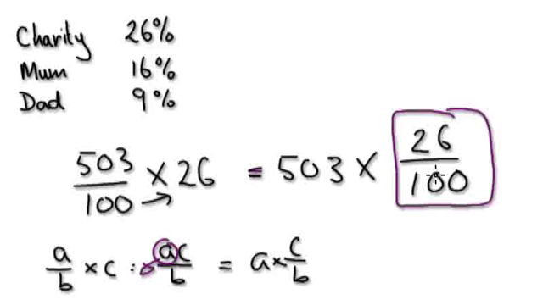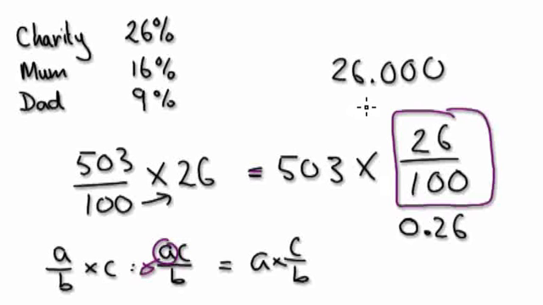Now when you divide by 100, it's really easy. You can do it inside your head. Write 26 as 26.00. When you divide by 100, you're moving the decimal 2 places. If you divide by 1,000, you move it 3 places.